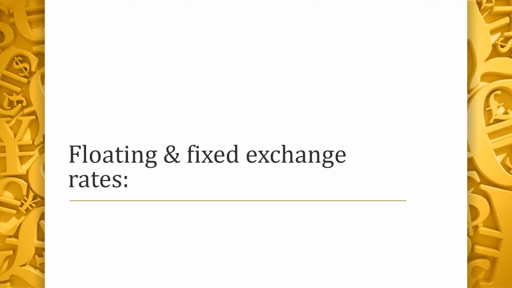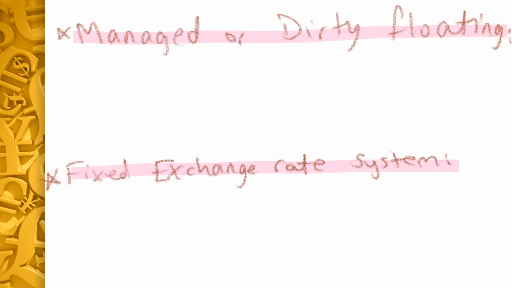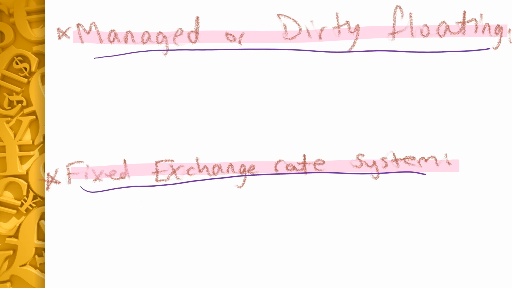Now, let us talk in detail about the difference between a floating and a fixed exchange rate. We will be explaining the difference between managed or dirty floating and fixed exchange rate systems.